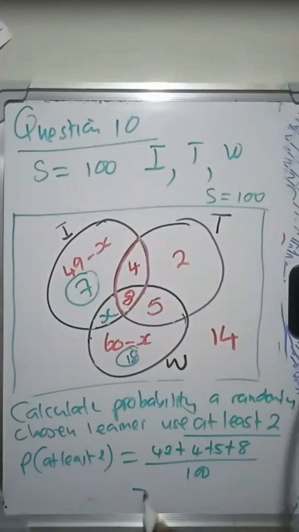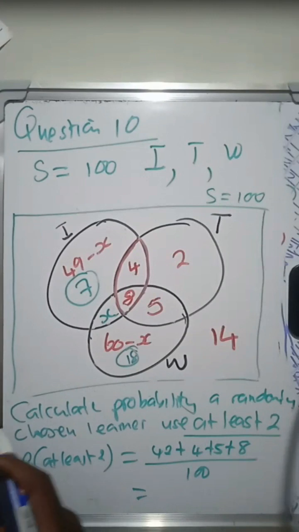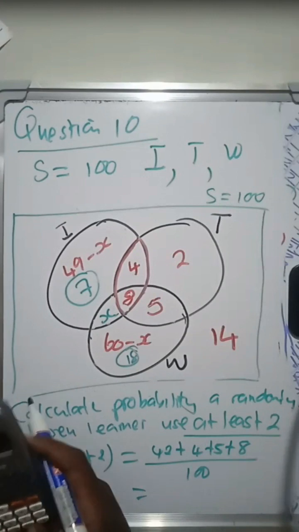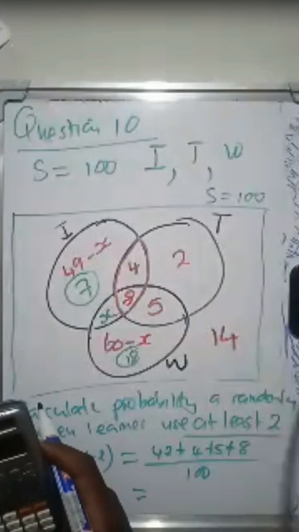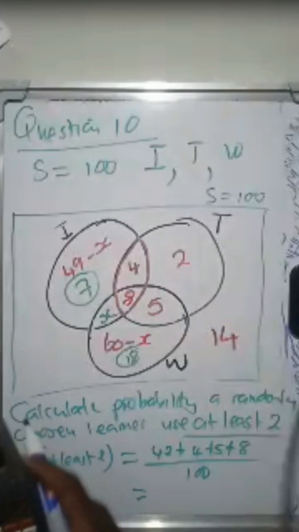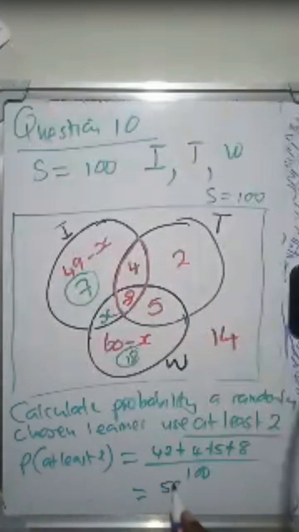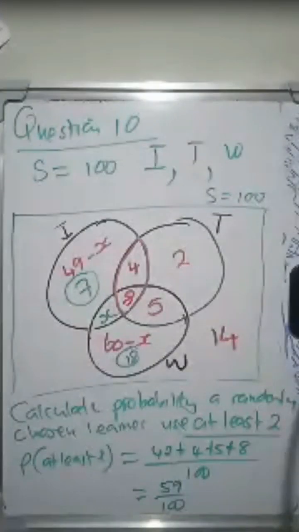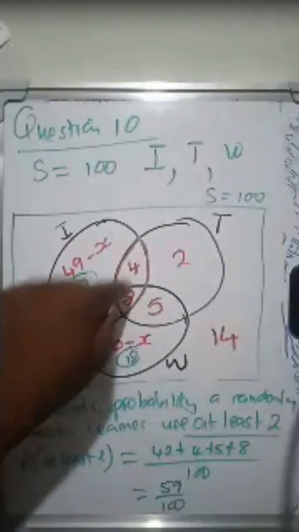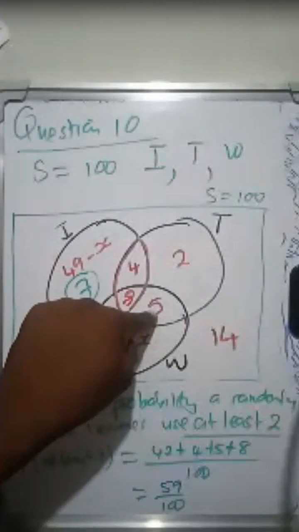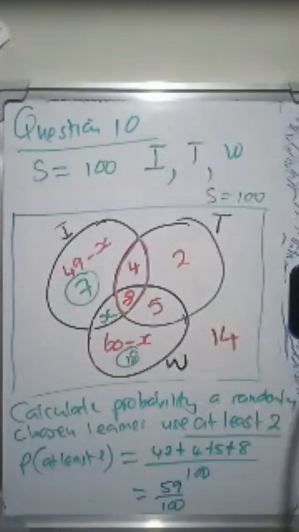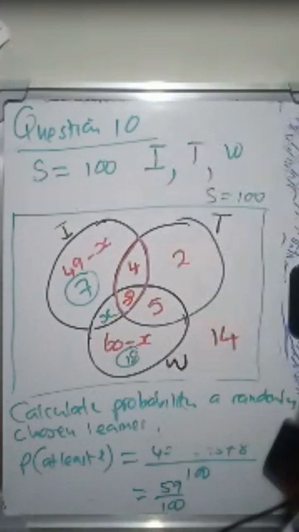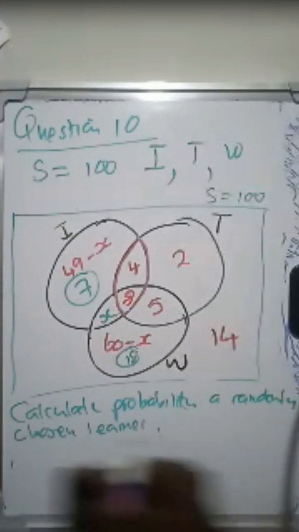So which is going to give us 42 plus 4 plus 5 plus 8, 59 over 100. That's the probability. Okay? So at least 2 means 2 and above. These ones use 2, these ones use 2, these ones use 2 and above.